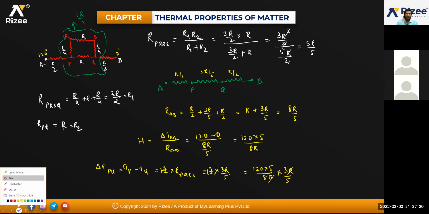Now simplify this one. This 5 and this 5 will get cancelled. So how much am I getting? 120 into 3 divided by 8. How much, beta? 45.